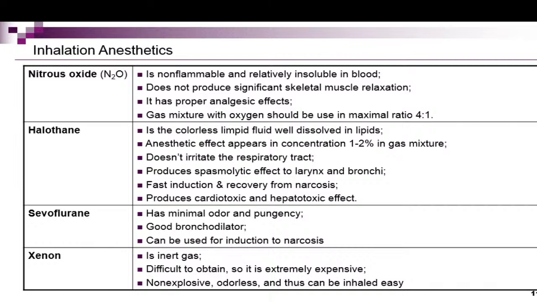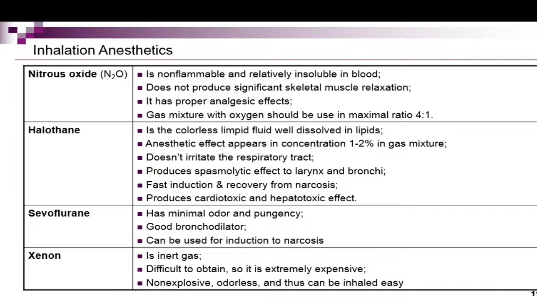What anesthetics can we use for the first component of narcosis? They can be gases and they can be fluids, volatile liquids. Nitrous oxide is a non-flammable and relatively insoluble gas, relatively insoluble in blood. The gas does not produce significant skeletal muscle relaxation and has a proper analgesic effect.